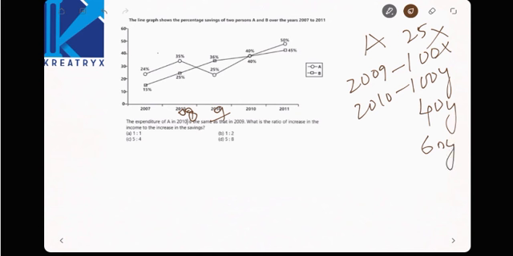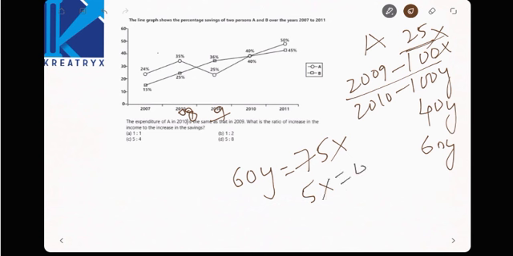So expenditure of A in 2010 is nothing but 60y, that is equal to same as in 2009. 2009 savings is 25x, so expenditure is 75x. Now relationship between them is 5x is equal to 4y.